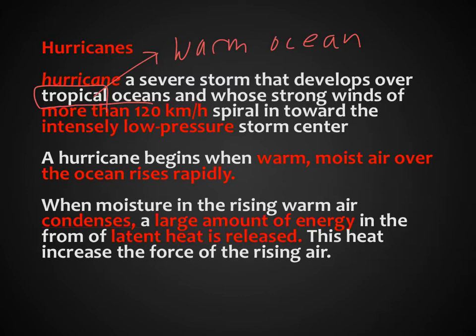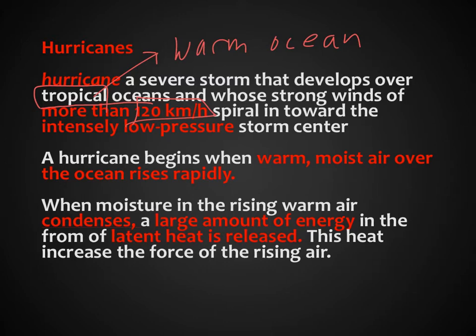We're talking about warm bodies of water, okay, whose strong winds of more than 120 kilometers per hour spiral toward the intensely low-pressured storm center. So this number, 120 kilometers, is key for determining if it's a hurricane or not.